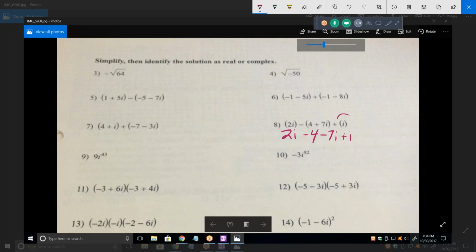Now I can remove that set of parentheses without doing anything because there's a plus sign in front of it. And I can remove that set of parentheses without doing anything because there's an implied plus sign in front of it. But this middle set, I cannot just remove. I've got to distribute that negative sign to both terms. All right. Now tell me what the final answer is.